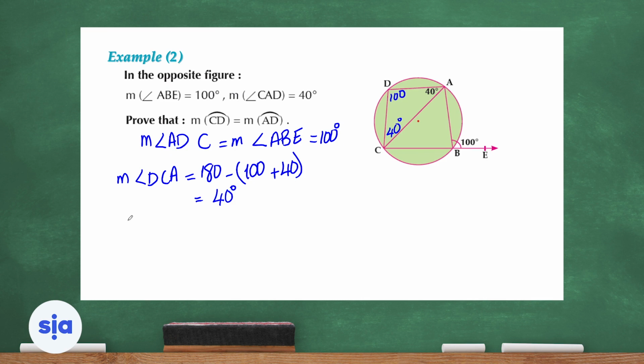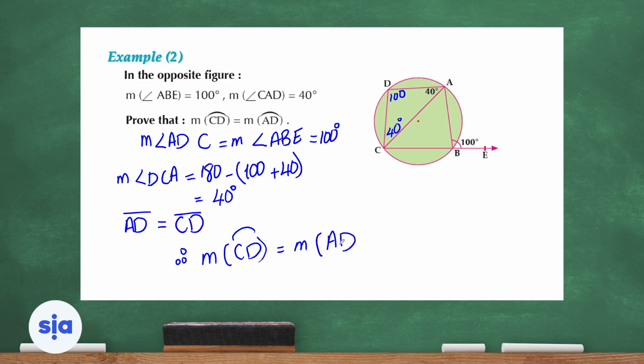So we'll see that AD is equal to CD. Therefore, the measure of arc CD is equal to the measure of arc AD.